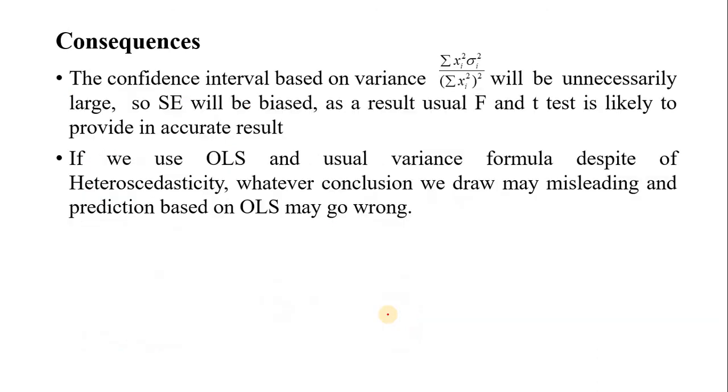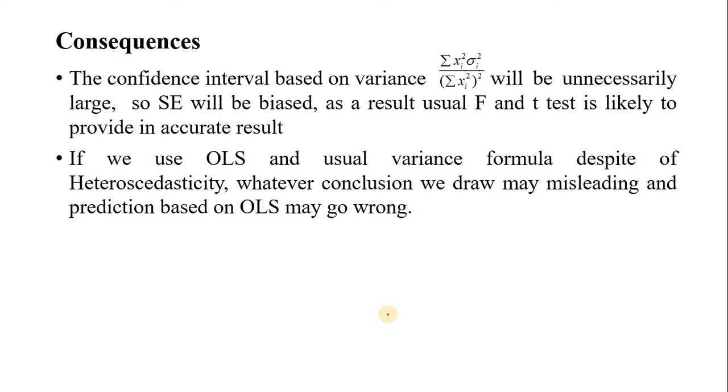This is the major problem with heteroscedastic variance. Your third property, that is, the variance will not be minimum. If the variance is not minimum, the confidence interval based on the variance will be unnecessarily large. So the standard error will be biased.